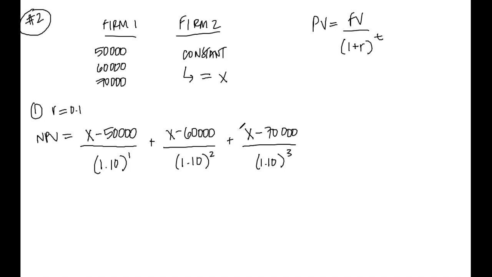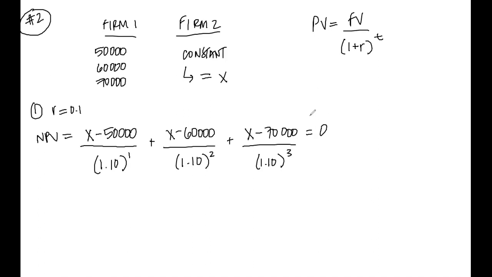What we can do is look at this equation as being equal to 0 and then solve. We know whatever answer we get, that's the minimum the constant wage needs to be.